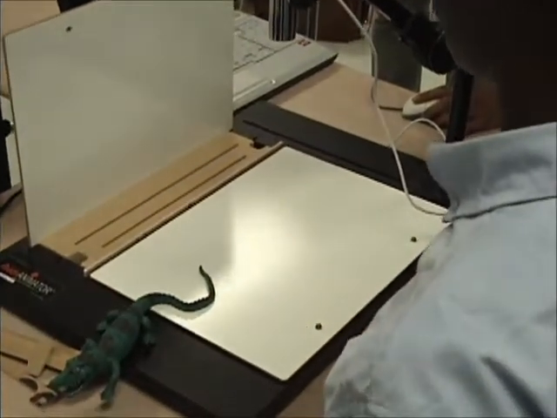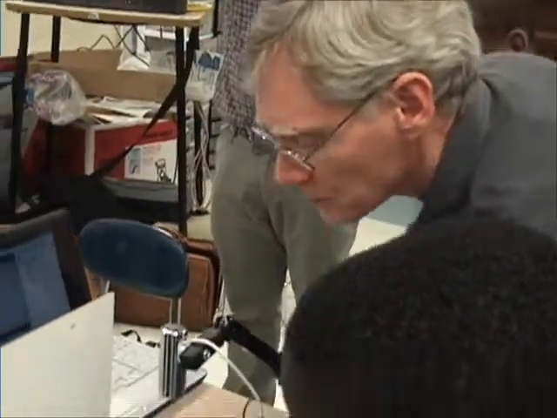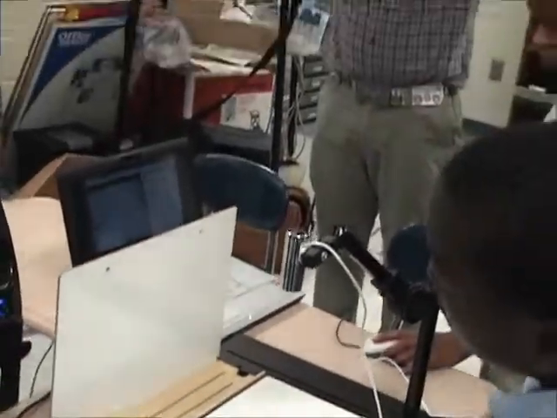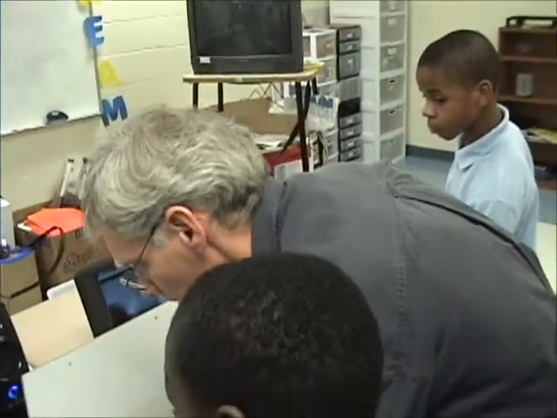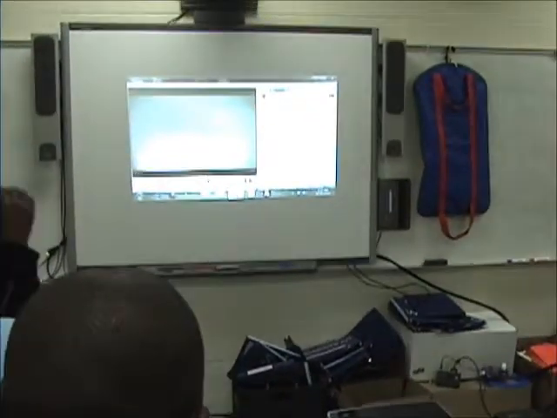Yeah, exactly. Very good point. It is. That's the whole point of animation, is to make something that's not alive look like it is alive. Right. See, we're just using a toy. In a way, this is kind of like Machinima because we didn't make this alligator. It's just a toy that was bought at Dollar General.